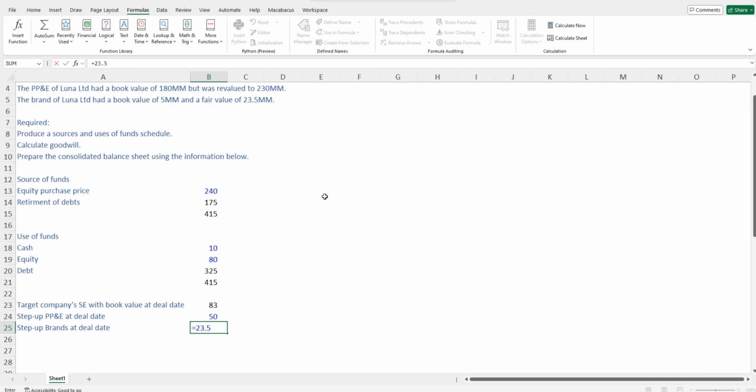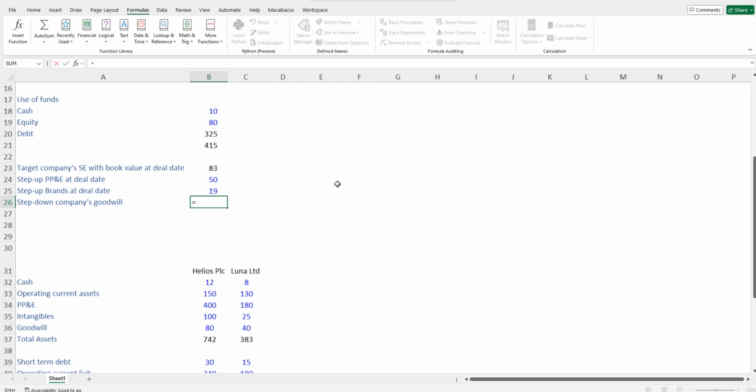It's 23.5 minus 5, which is 19. We also need to step down the company's goodwill. There will be no goodwill after we acquire 100% of the company, so I will make it a negative number, which is 40.